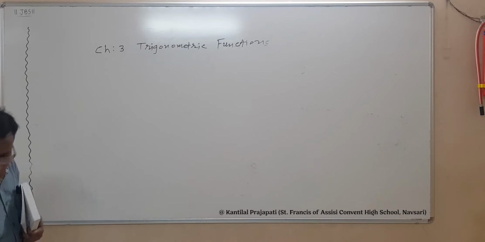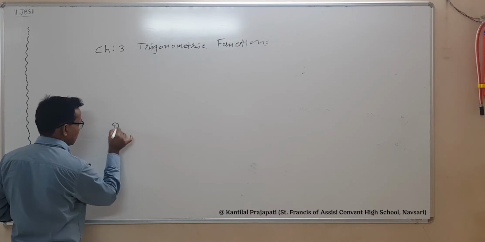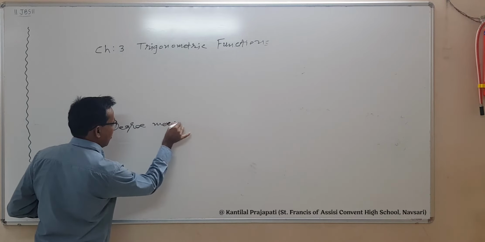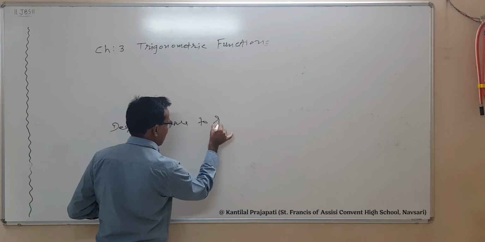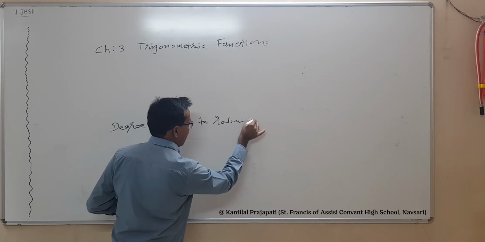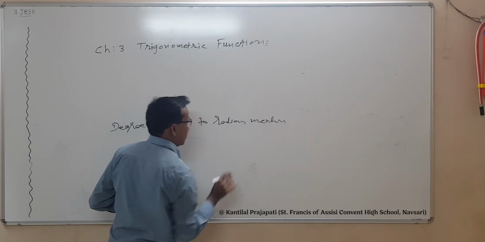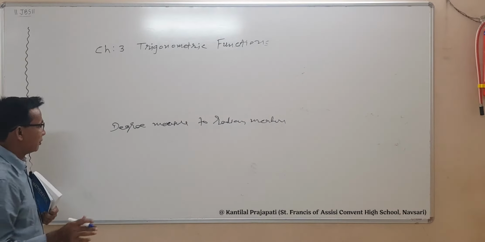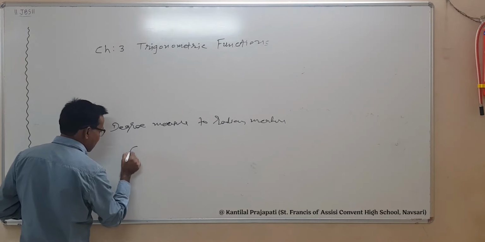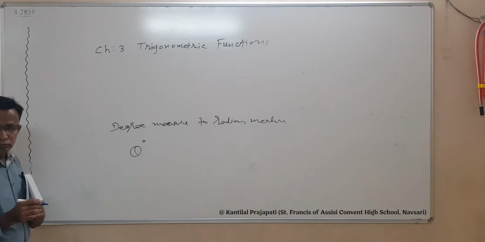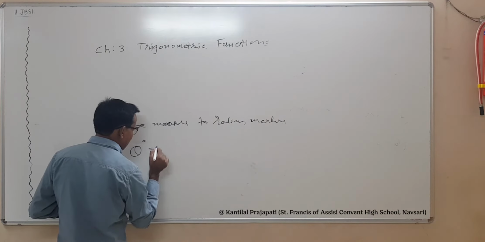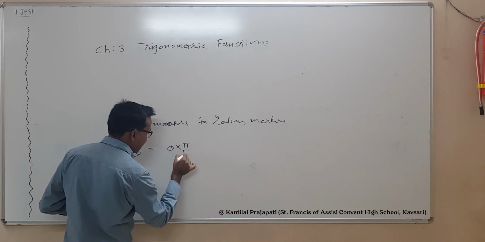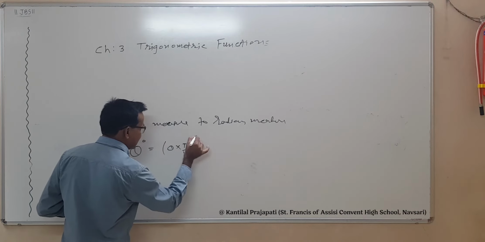The formula for degree measure to radian measure: we consider the angle theta degrees. To convert into radian measure, theta is multiplied by pi by 180. This is in radians.